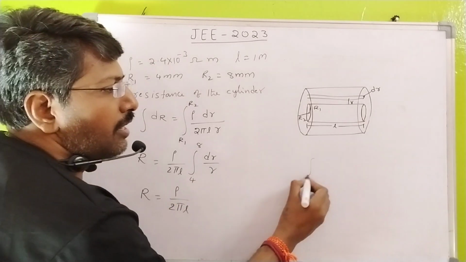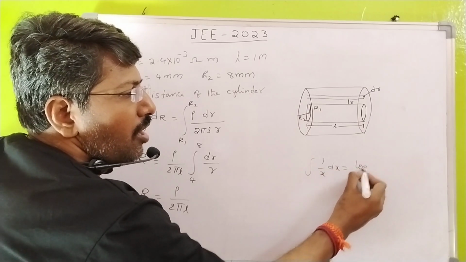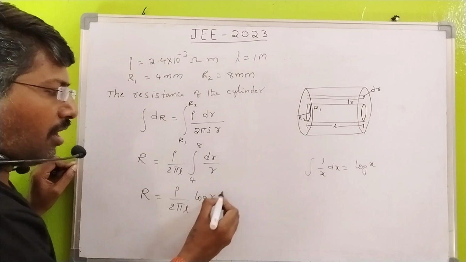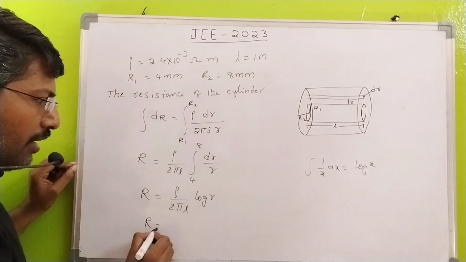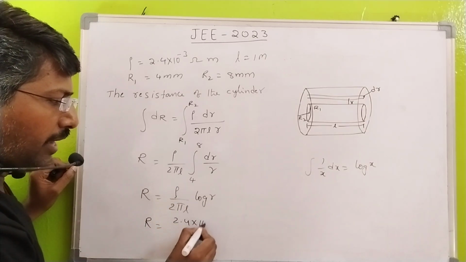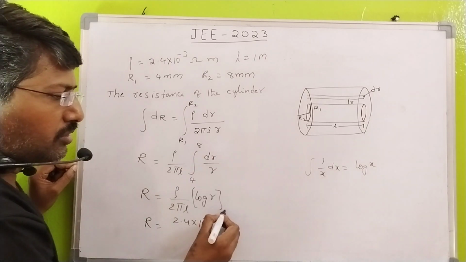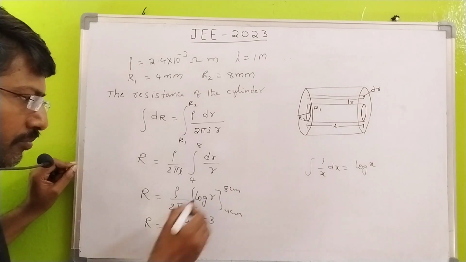Already in mathematics, integral of 1 by x dx can be written as log x. So same like that here, log r. If you substitute these values, R is equal to rho value 2.4 into 10 power minus 3. Sorry, here the limits are important. This is the 4 centimeter, this is the 8 centimeter. Okay.